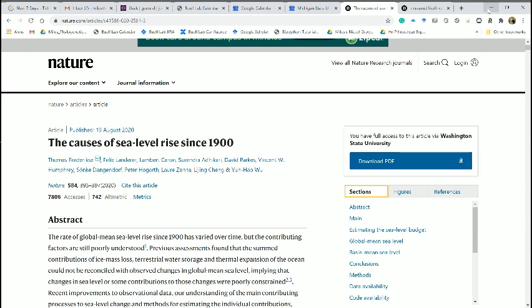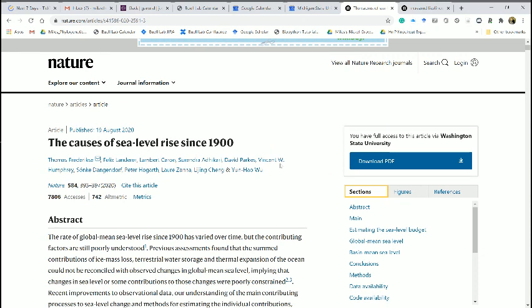To start us off today, I've been thinking a lot about climate change recently, especially with the strong wildfires that are occurring in the western United States. So I thought I would begin by looking at a cool paper about climate change. I haven't read this paper before. This is the first time I've seen it.